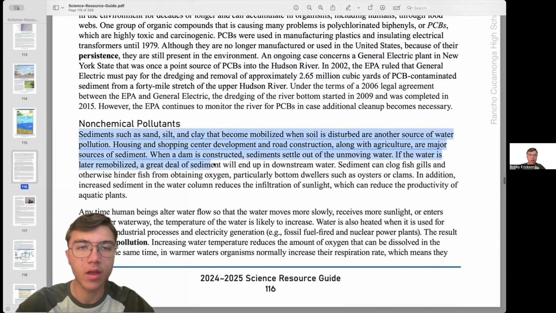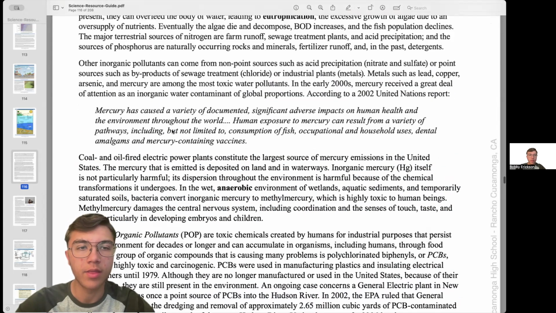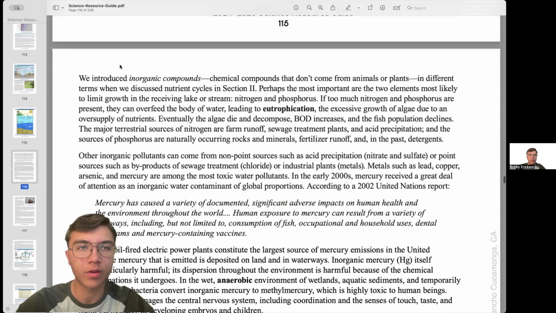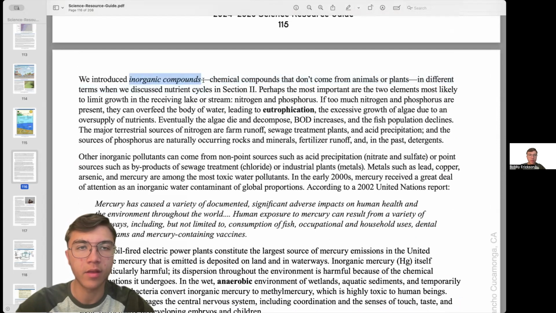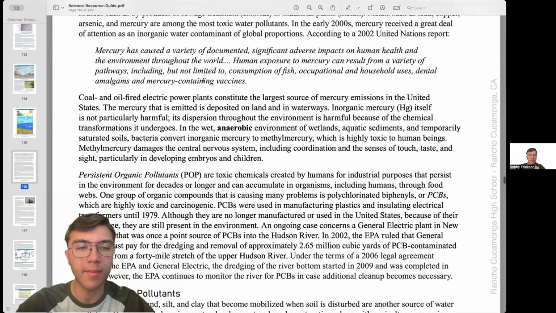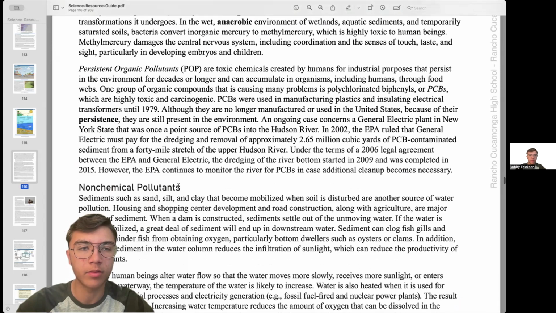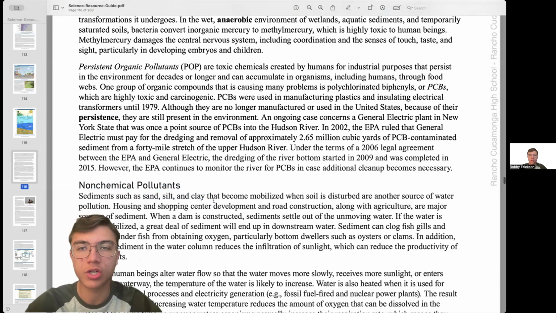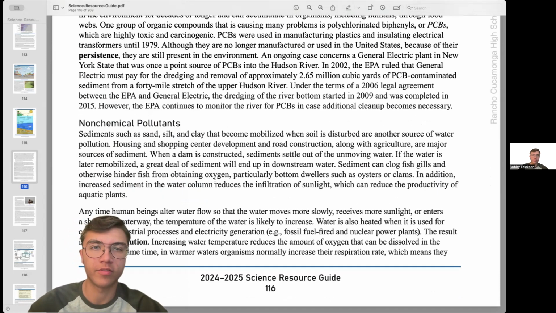Okay, so next up, we have non-chemical pollutants. Although these are not organic, so inorganic compounds, and these are organic, they are still chemicals. But if we're talking about pollutants that aren't chemical, then we can talk about sand, silt, and clay, which are another source of this water pollution.